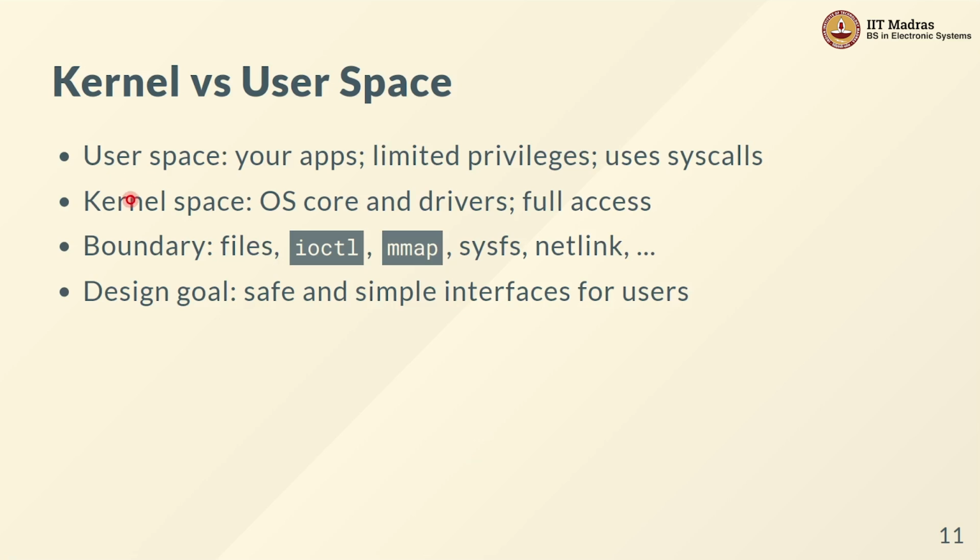Now, the boundary between kernel space and user space is usually implemented, in the context of Linux, heavily by means of something called files. Linux uses the interface where every device is made to look like a file, right? Even if technically speaking, it doesn't normally behave like a file.